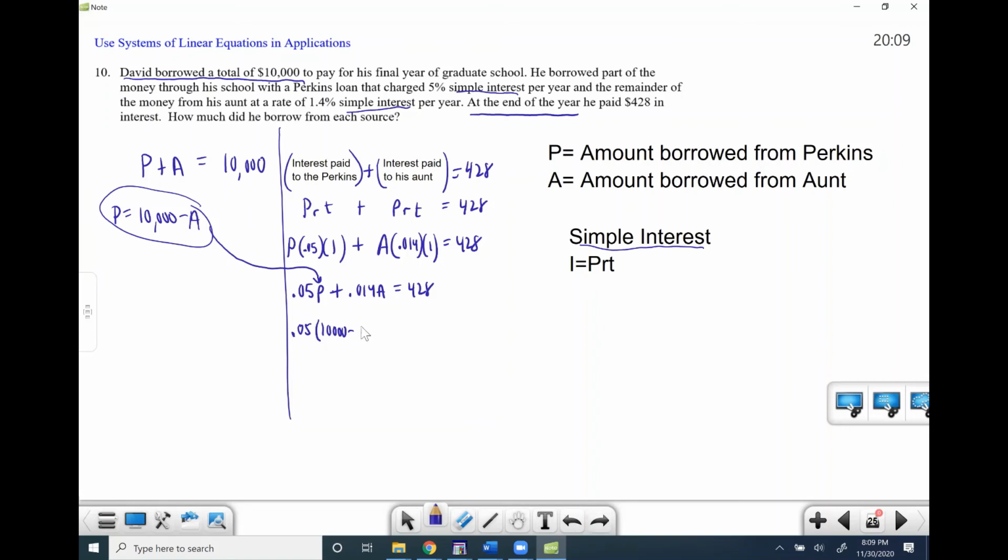Oops, I wrote it down wrong. Okay, so calculator time, 0.05 times 10,000. I got 500 for that. And then that's going to be negative 0.05.